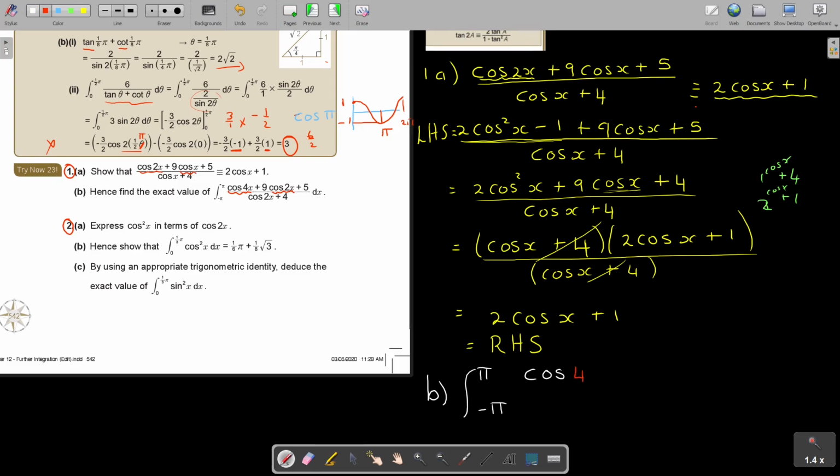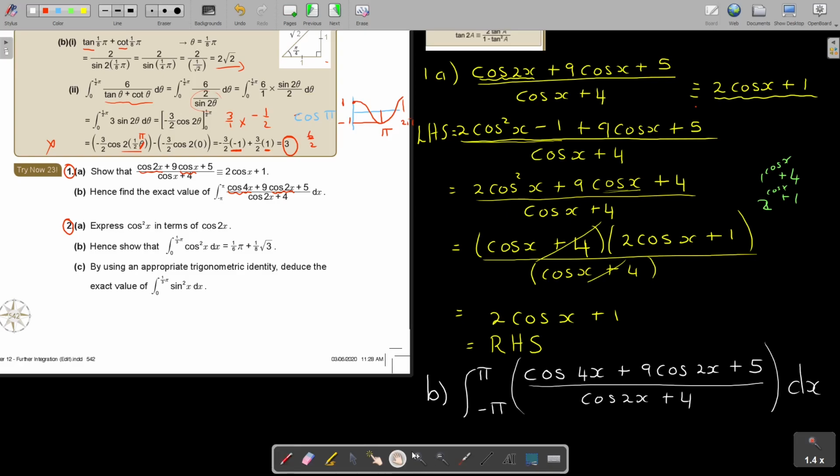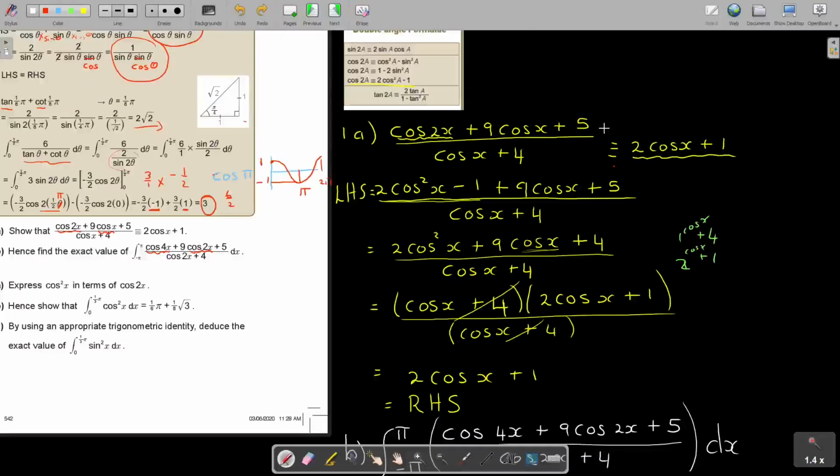We'll see now how we're going to, I just want to keep my color. So cos 4x plus 9 cos 2x plus 5, and that is going to be over cos 2x plus 4, that is going to be 2x, integrate 2x. Okay, now, so I'm going to change on this one.